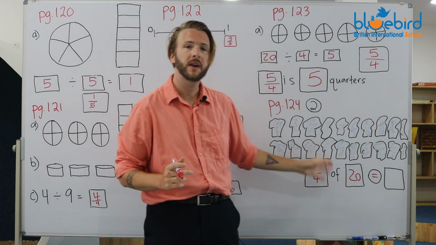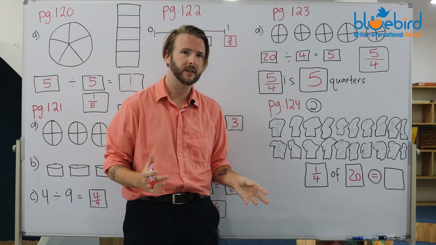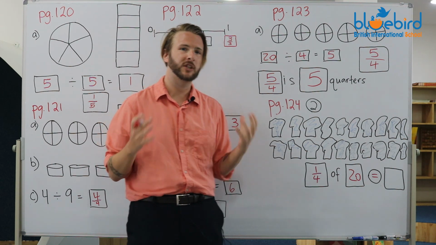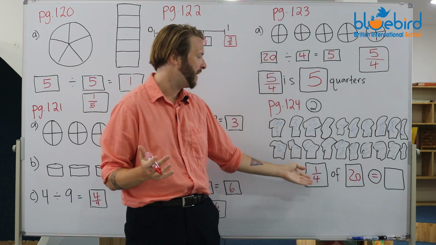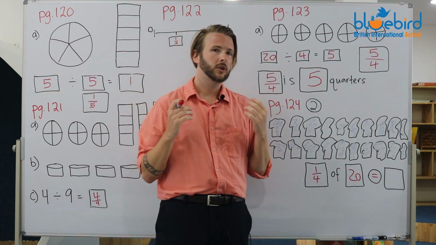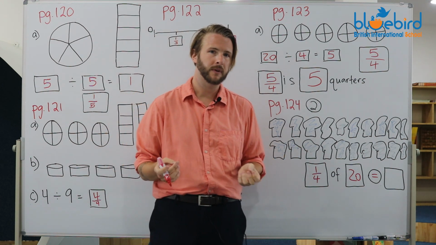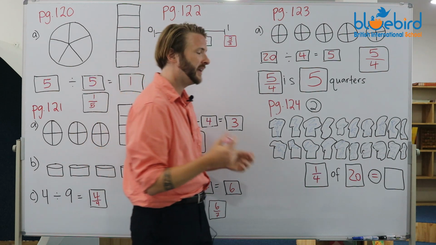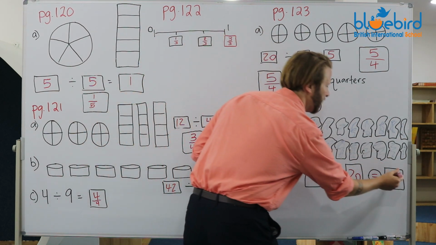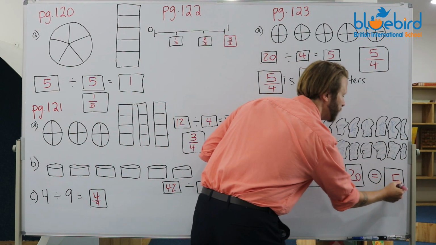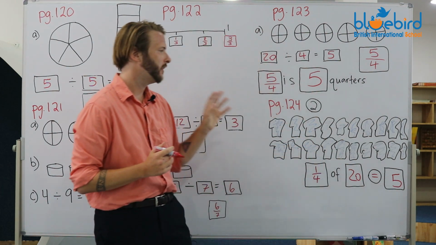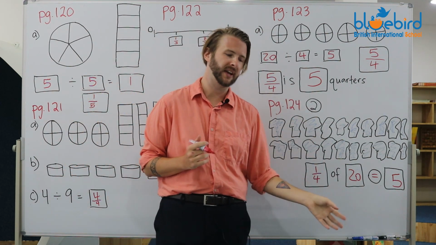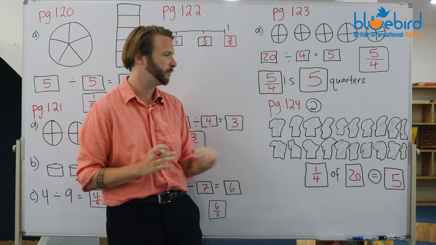So to find 1/4 of 20, we're just going to divide 20 by 4. 20 divided by 4, we know, is 5. So Holly gave Lulu 5 perfect cupcakes. Very, very valuable, priceless.